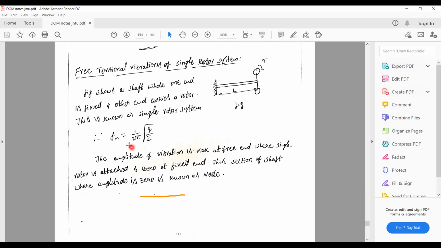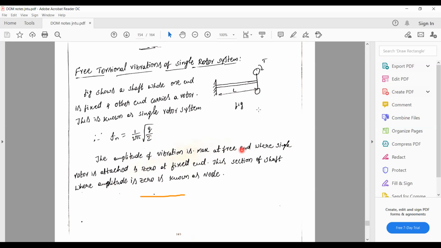Now, regarding amplitude, the amplitude of vibration is maximum at the free end where the single rotor is attached.